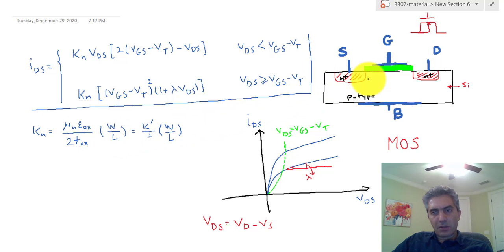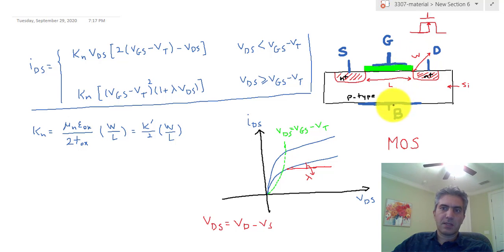Now, the length of the channel is pretty much what you see here between the drain and the source, and the width of the channel is the third dimension here that you can't actually see. Mu n is the mobility of electrons, epsilon ox is the dielectric constant of the oxide that is used as the dielectric here between the gate and the semiconductor, and Tox is the thickness of this oxide right here.